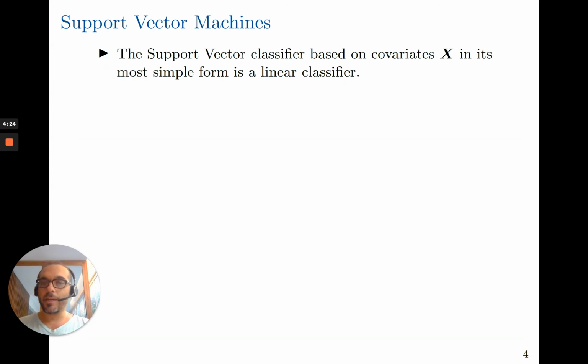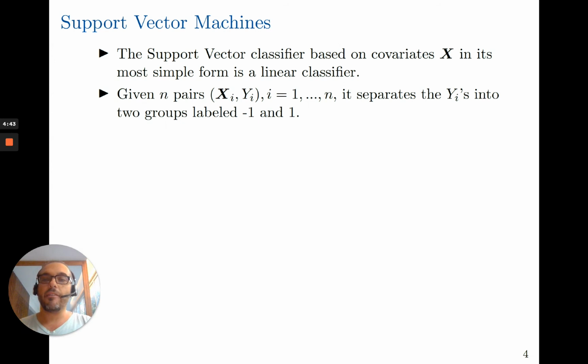But we are going to see by the end of this first block that we can transform it into a nonlinear classifier in a very nice and simple way. So we have n pairs of x and y, and we want to separate the y's into two groups.